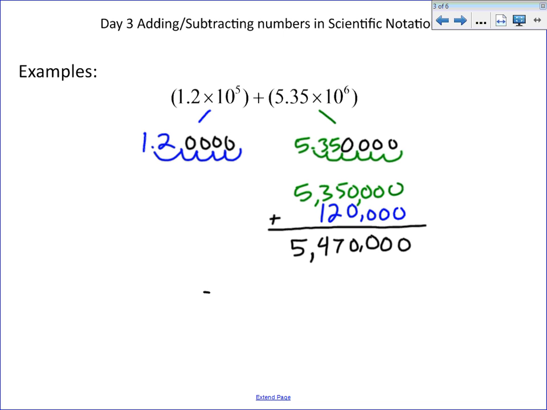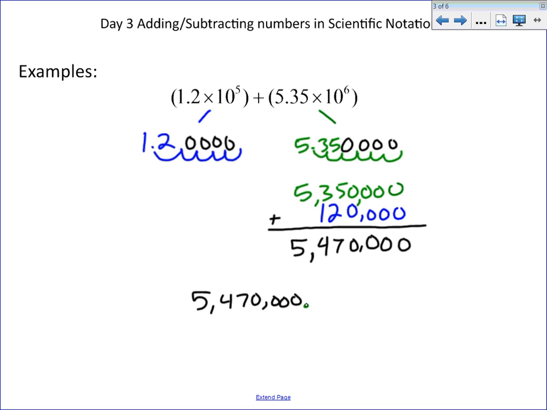So we get the answer of 5,470,000. So when we take 1.2 times 10 to the 5th plus 5.35 times 10 to the 6th, the answer really is 5,470,000. However, we need to convert that back to scientific notation before we call it done.